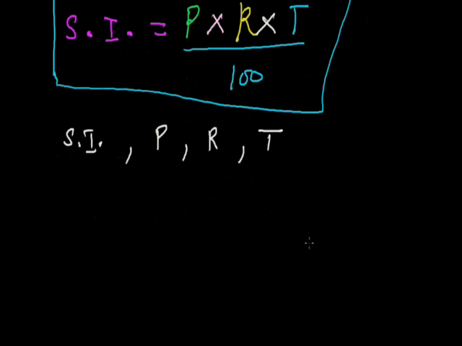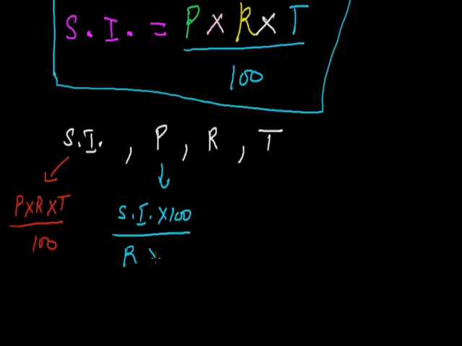Now, out of these four variables, any three will be given to you, and then we have to find the fourth. The simple interest formula we have just written, that is P into R into T upon 100. If we have to calculate the principal, then simple interest, rate and time period will be given. So we can calculate principal easily by using the formula SI into 100 upon R into T. Now if we have to calculate the rate, then simple interest, principal and time period will be given.